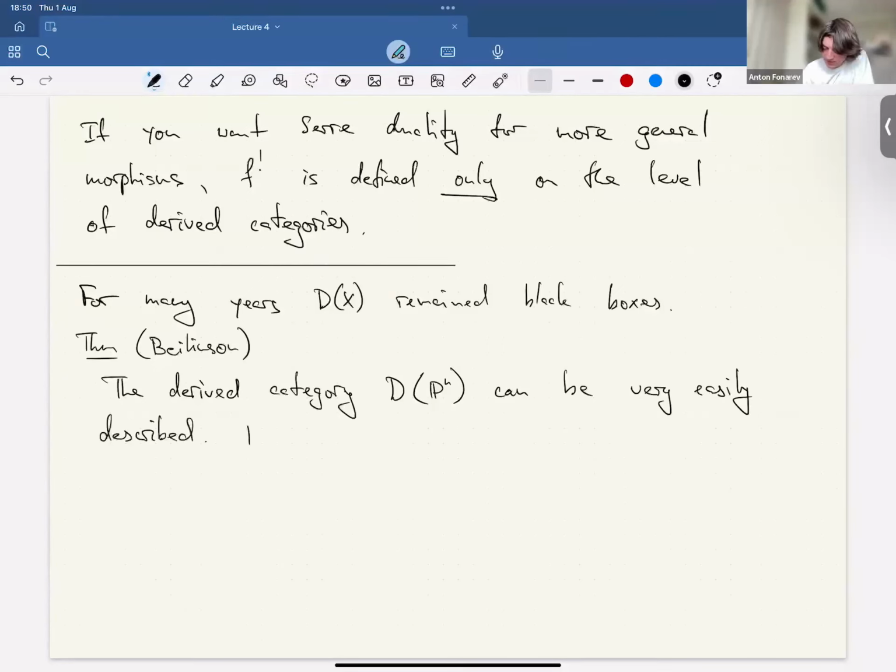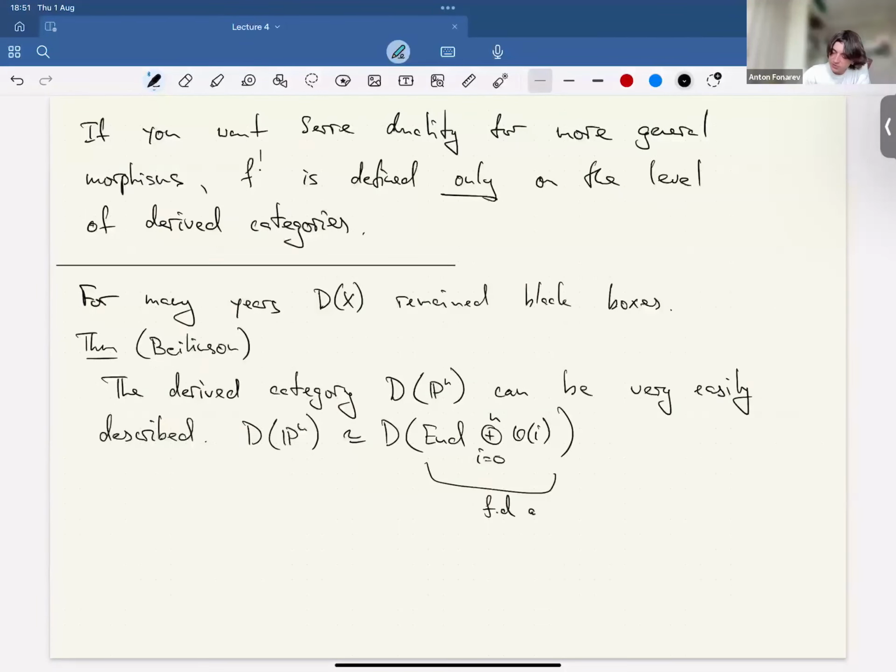It is actually equivalent to the derived category of the endomorphism algebra of the following bundle: the sum of O(i), where i ranges from 0 to n. So this is a finite dimensional algebra.